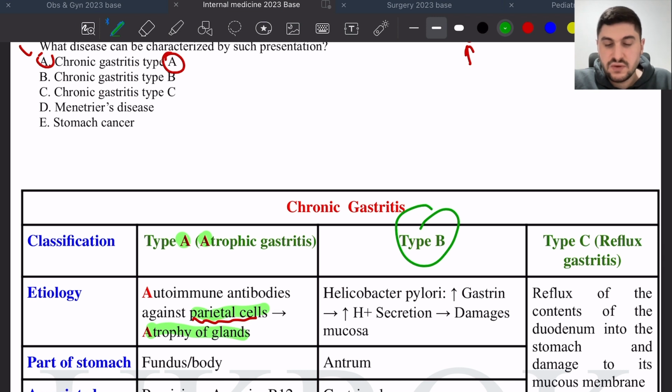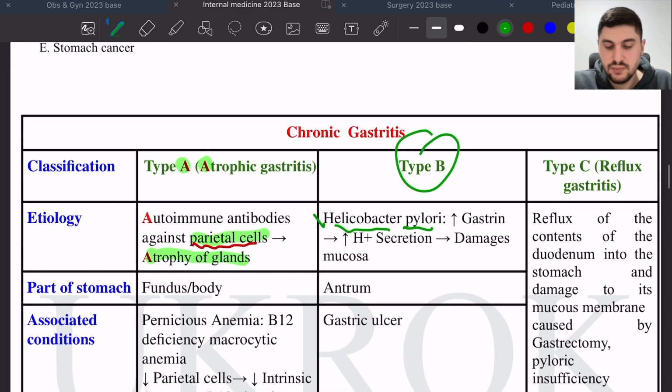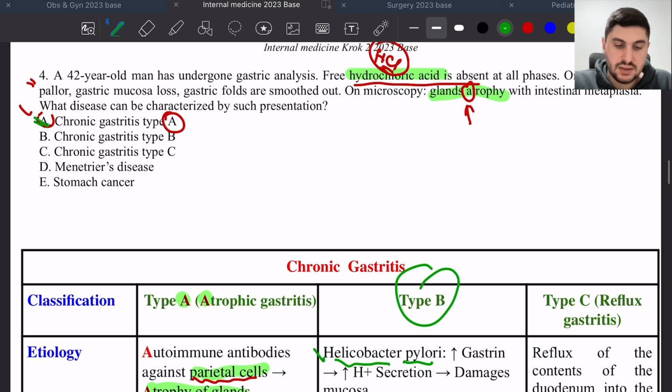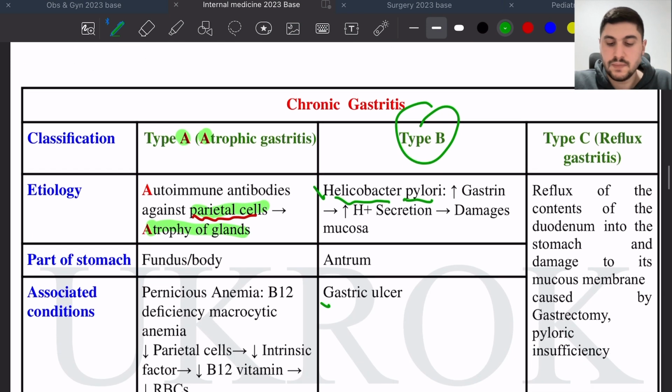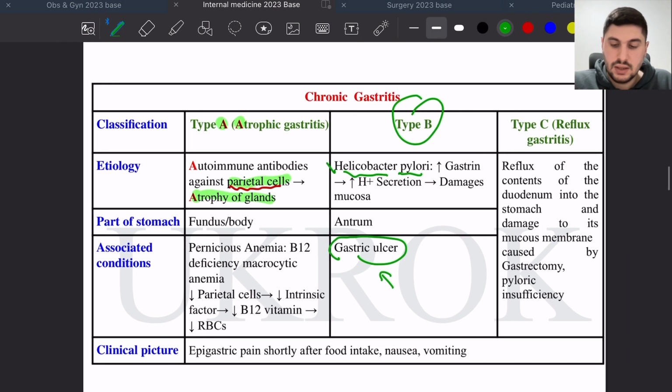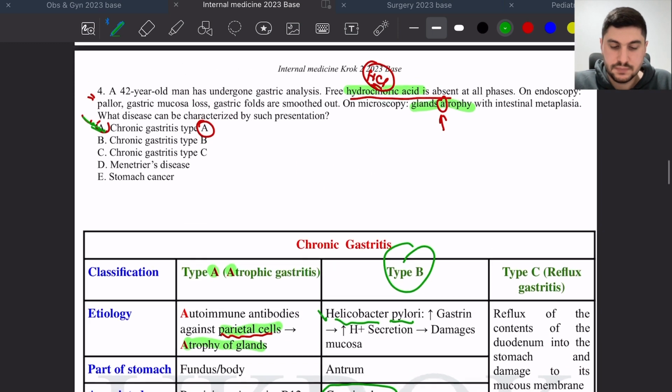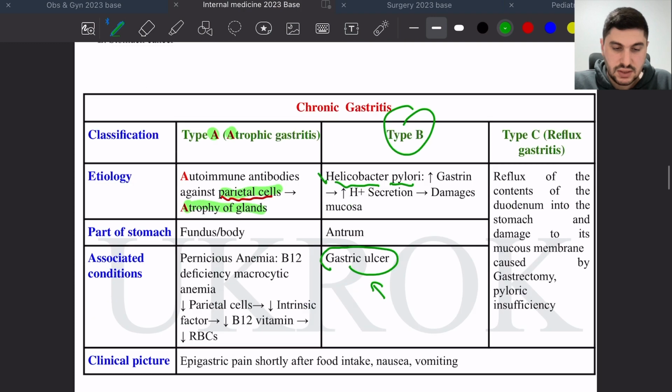It's because of infection by Helicobacter pylori, and it can cause gastritis. So this is type B gastritis, and it can cause ulcer later. Okay, so this is type A.